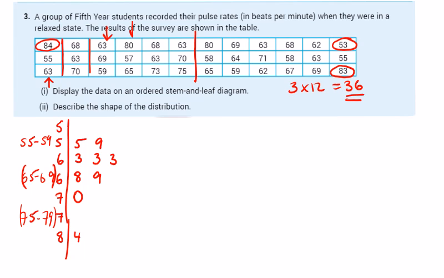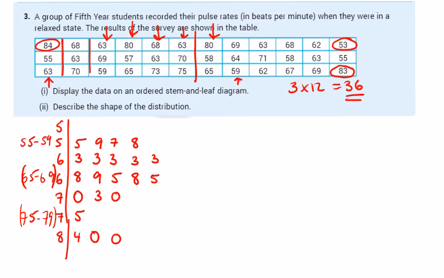Then we have 80, 57, 65, the higher end of the 50s and the upper end of the 60s. Then we have 68, 63, 73, 63, 70, 75, 80, 58, 65.